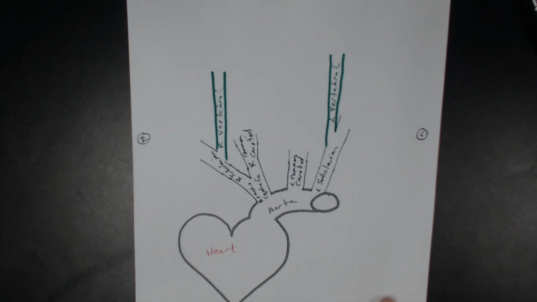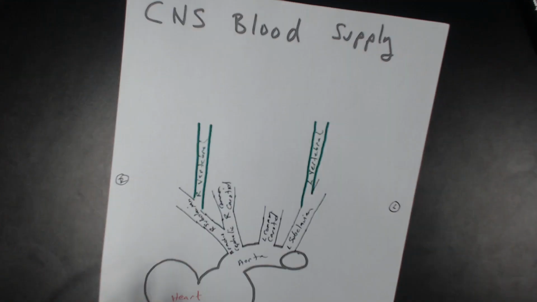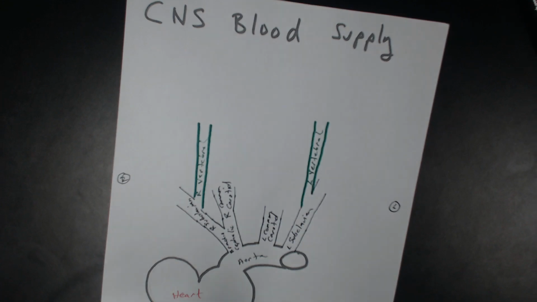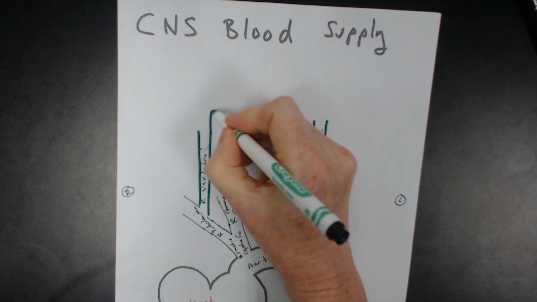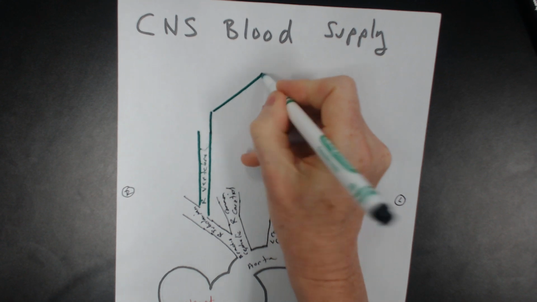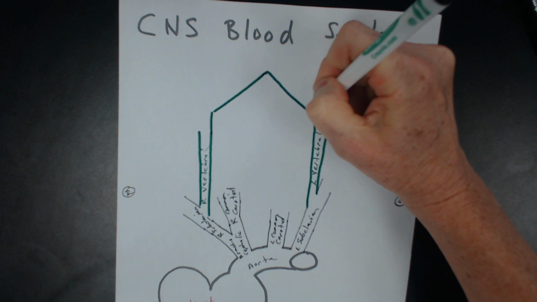Moving up, what happens here is the left and right vertebral arteries travel up and then come together in the middle.